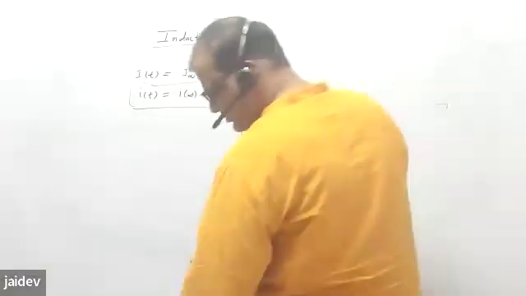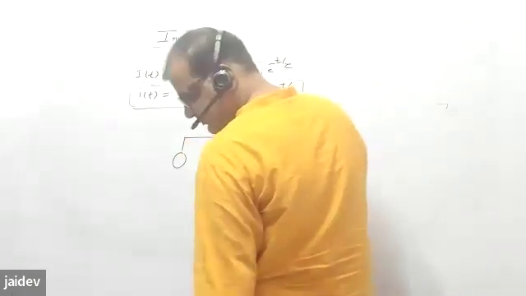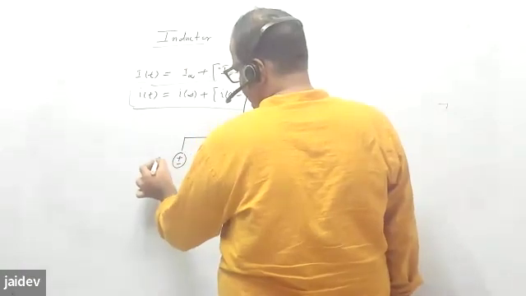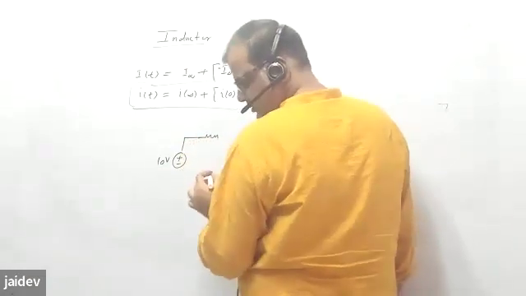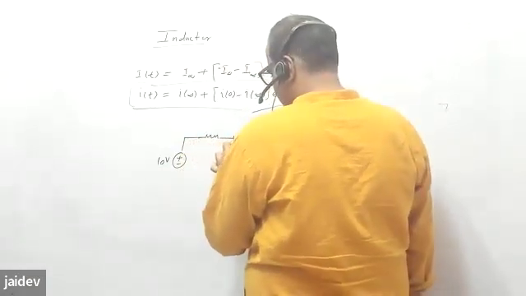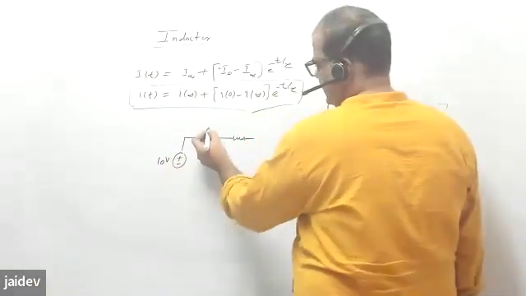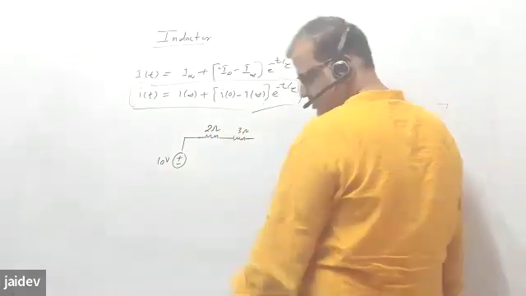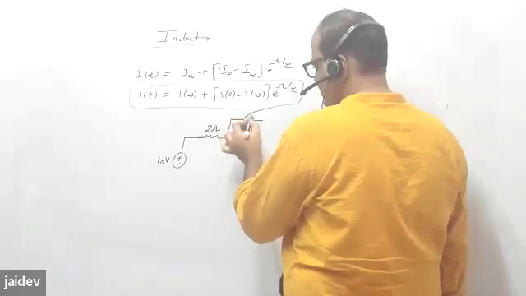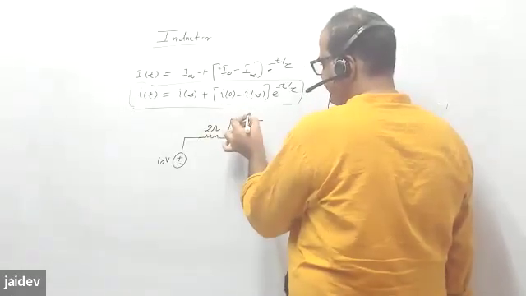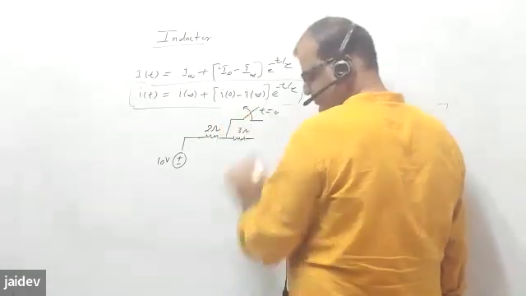So let us use this equation also. Say you have a circuit with plus minus 10 volt, and then this is your 2 ohm and 3 ohm, 2 ohm, 3 ohm. And here you have a switch which opens at t is equal to 0.